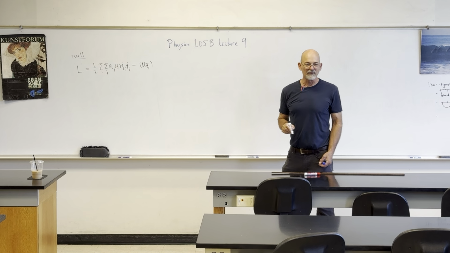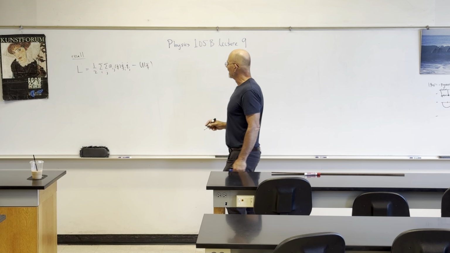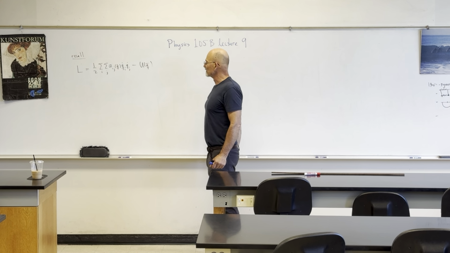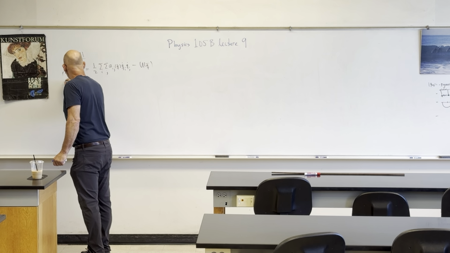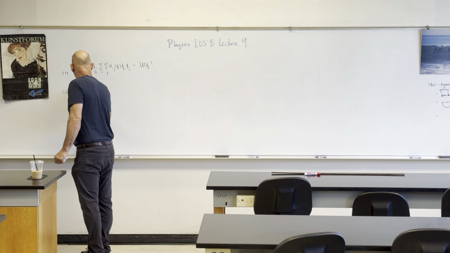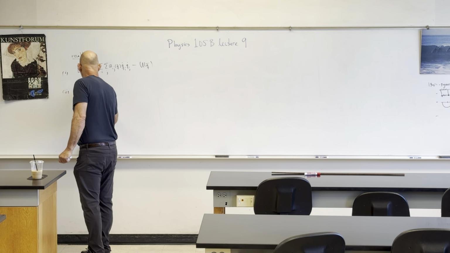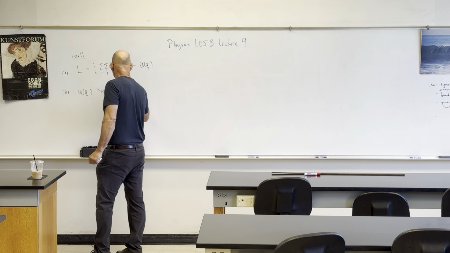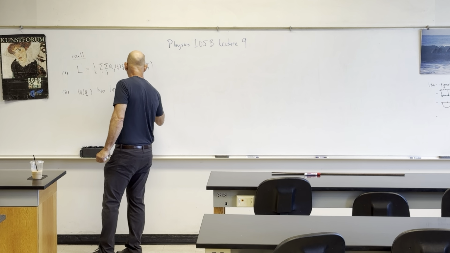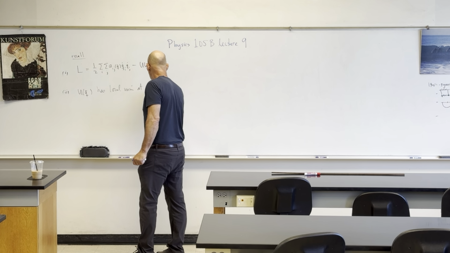And we've learned that that's a very general form. And it's a big task to construct this thing. And then, so this is the first step. The second point is that U of Q has a local minimum at Q0.